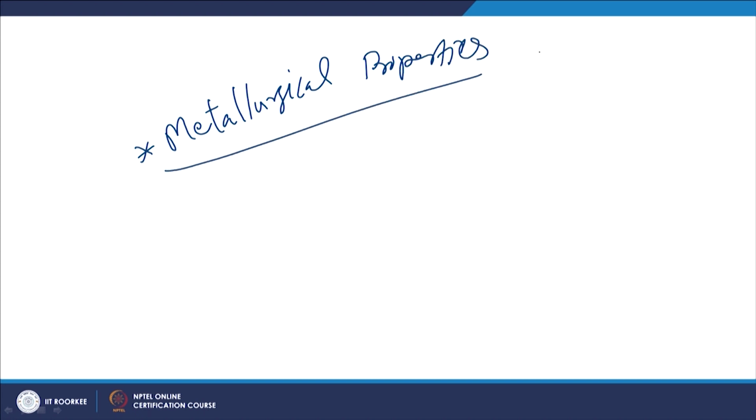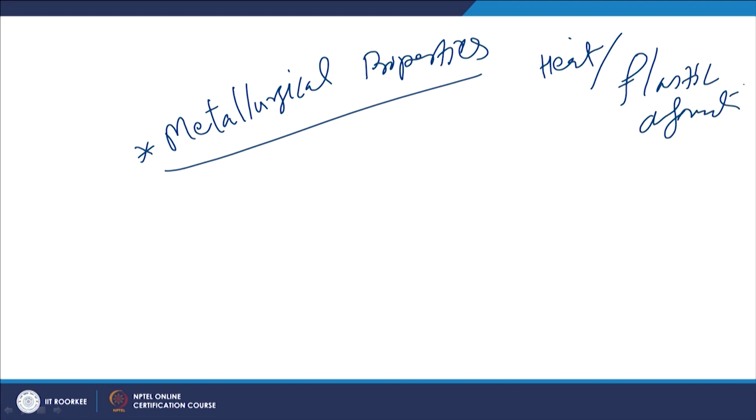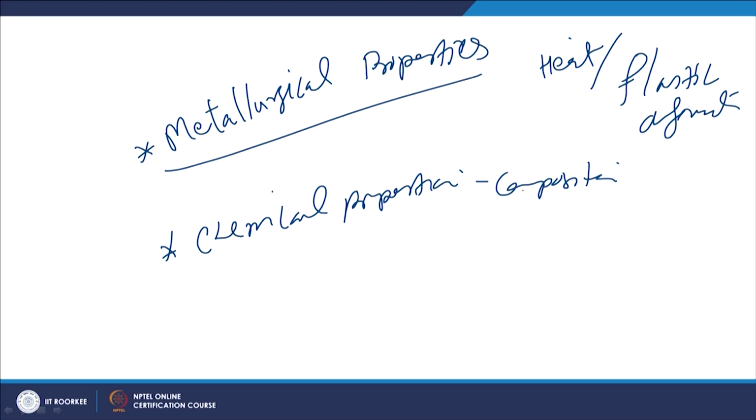Among those, the characteristics we will be talking about include the metallurgical properties associated with the material, like what happens when a metal is subjected to either heat during fusion welding or plastic deformation during the solid state joining process. The second is the chemical properties, which is primarily about the composition of a given metal system.